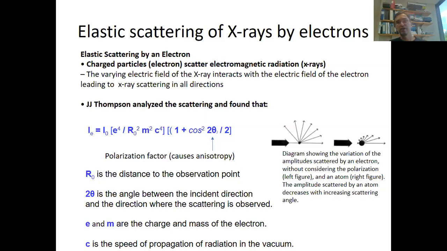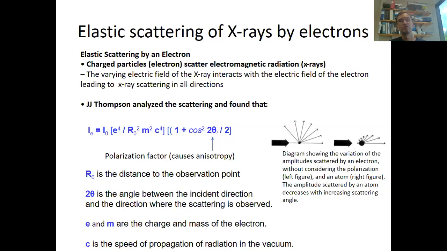Therefore, to understand X-ray diffraction at crystals, we first need to know a little bit more about how X-rays are scattered by electrons. So let us first look at the case in which an X-ray is scattered by a single electron.